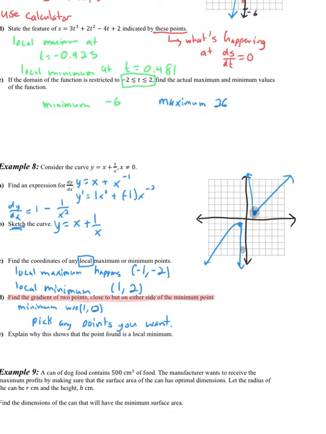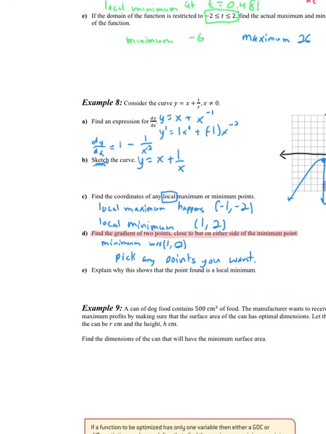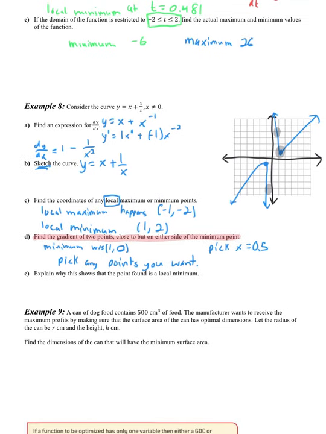If I picked like -1/2, that's going to be on the other segment. So I got to pick something that's on this continuous segment. That's what I mean on something to the left of it. All right. So let's go ahead and pick x equals 0.5. All right, so 1/2 for x.